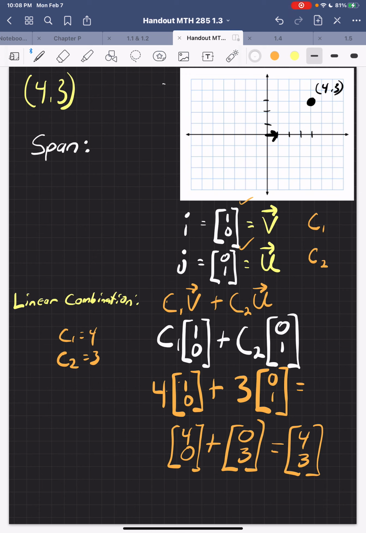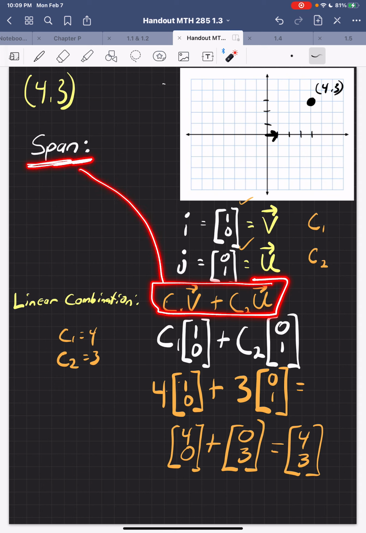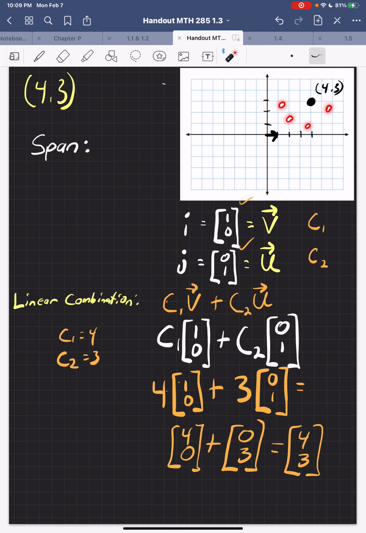The linear combination of two vectors just means the sum of two vectors scaled by two scalars. Now, the span of this linear combination is all the vectors that you can reach from that linear combination.